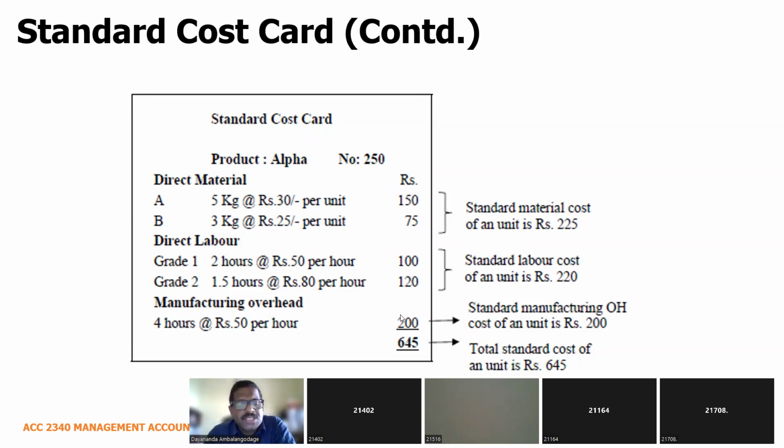So this is the manufacturing overhead and totally you get 645 manufacturing costs. So when we produce 10,000 units, we can calculate the standard cost for 10,000. We can calculate the standard cost for manufacturing overheads. We can calculate the total standard cost for direct labor 1, labor 2, direct material B and direct material C.